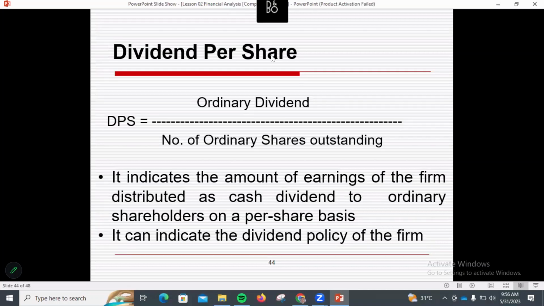You want to learn about our dividend policies. You know that ordinary shareholders are not guaranteed a dividend. They can earn income from investing in shares by way of capital gains, by trading in the secondary market.